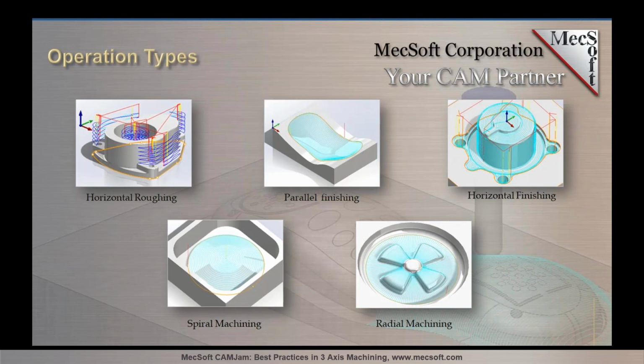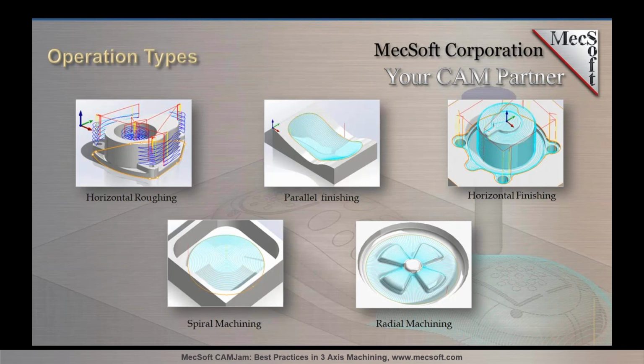The first one we will talk about is the horizontal roughing operation. This is a bulk removal strategy, and it removes material in levels from the raw stock model. It cuts in the XY plane at a certain Z level, and once that is completed, it moves on to the next Z level, and it repeats the procedure until the bottommost Z level is reached.